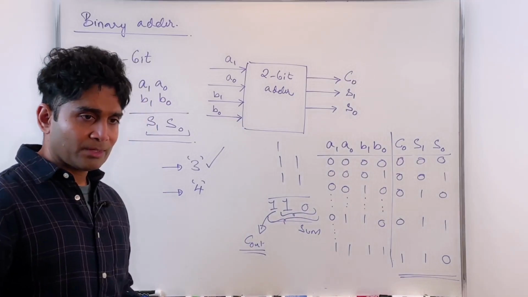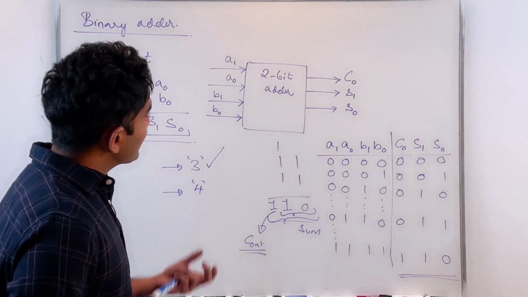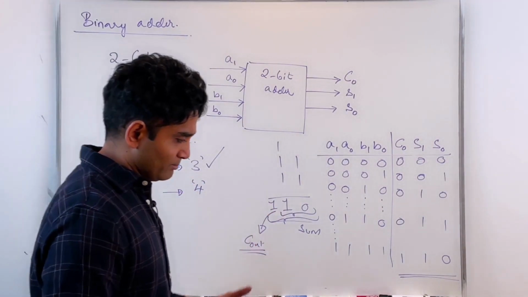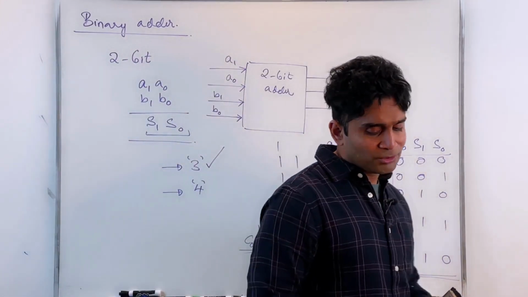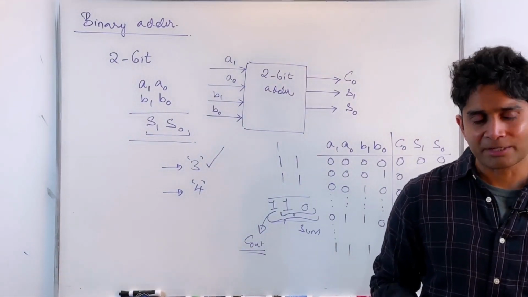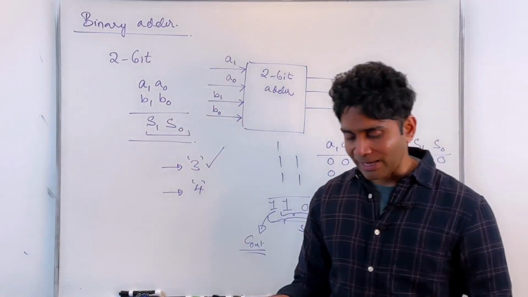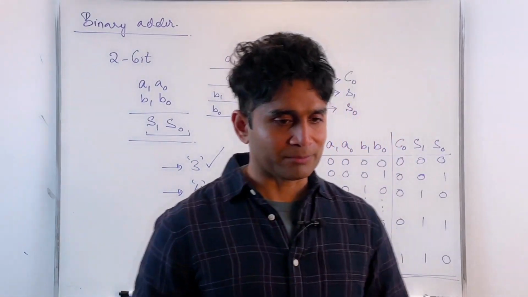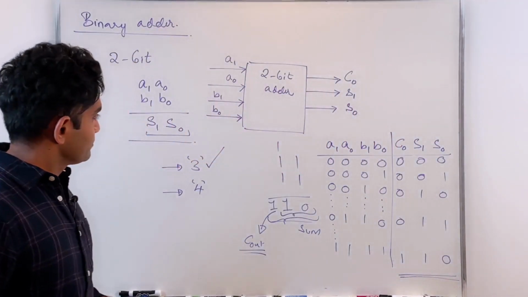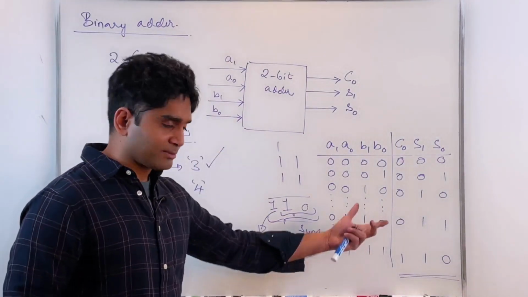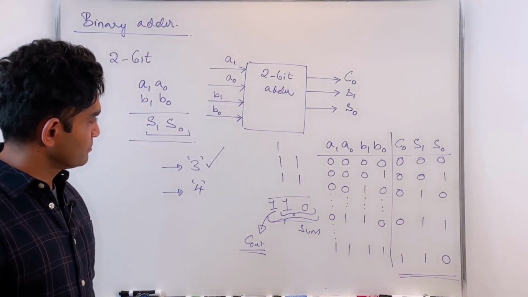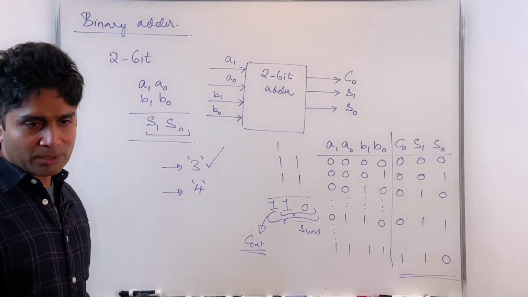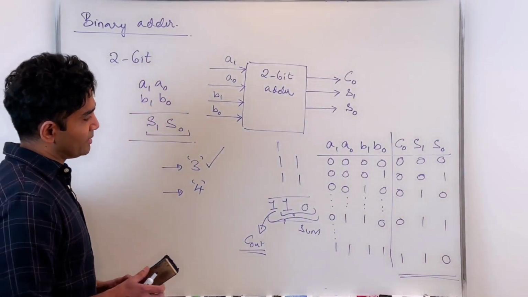But again, if you look at it, it's not very exciting. I'm adding two 2-bit numbers together. I can do it in my head. I don't need a calculator for that. You would agree with that, right? Because the largest sum I can get is basically 6, and I can easily do that in my head.